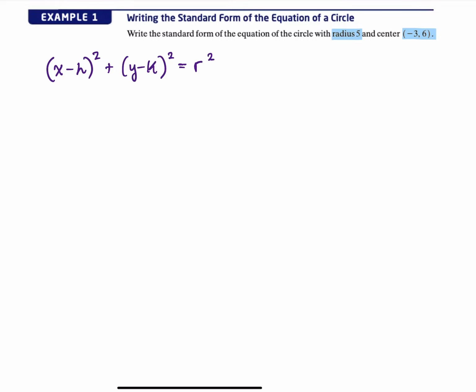So what do we have? We have a radius of 5, and we have a center at -3, +6. So the -3 is our h, and the +6 is our k.